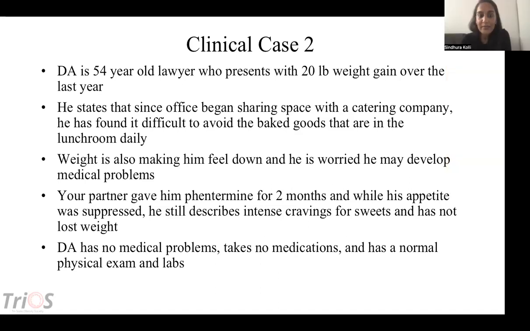The weight has been making him feel down, and he's worried he may develop medical problems. He was given phentermine for about 2 months, and while his appetite was suppressed, he's still having very intense cravings for sweets and has not lost any weight. There's no past medical history, he does not take any medications, and he has a normal physical exam and labs.